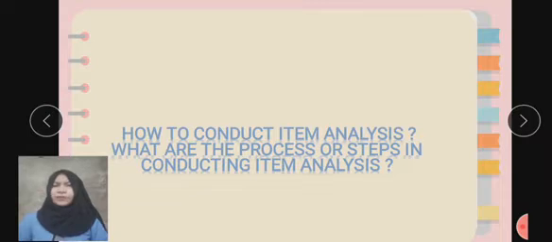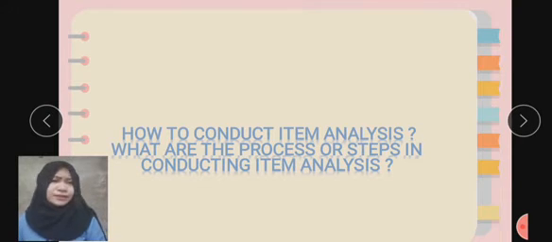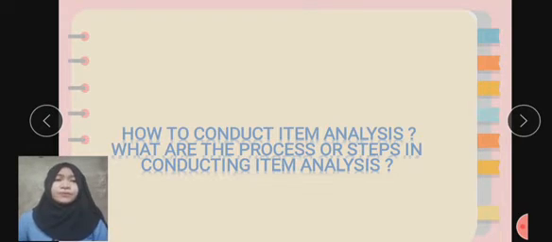Okay, so how to conduct item analysis? What are the process or steps in conducting item analysis? So, paano ba ito ginagawa, itong item analysis? Siguro kukunin natin yung mga test or kokolektahin natin yung test, and then titingnan yung highest. Pag maraming highest, automatic, effective na yun. Ganun ba?